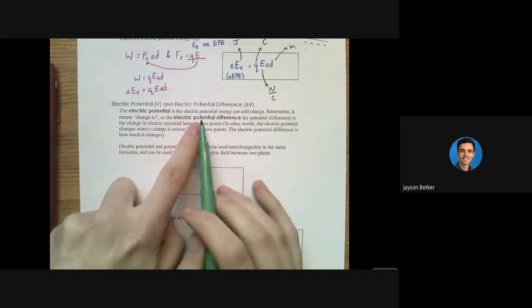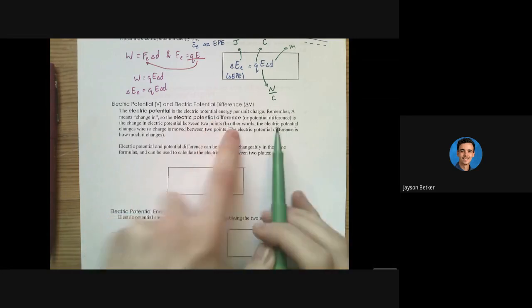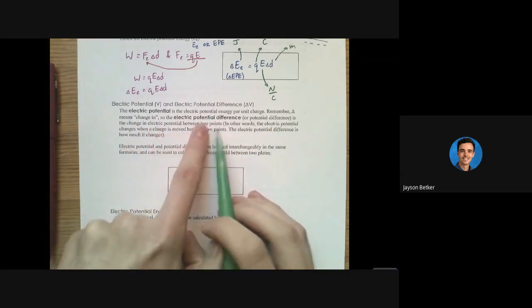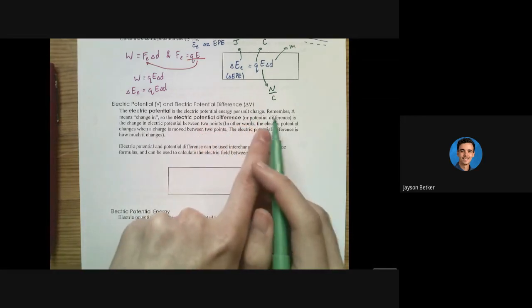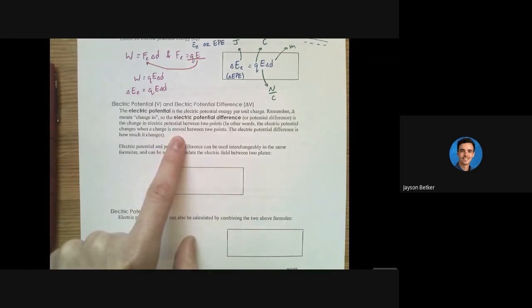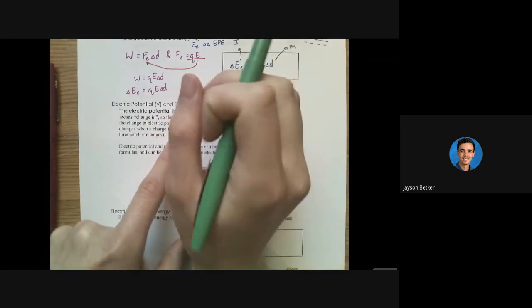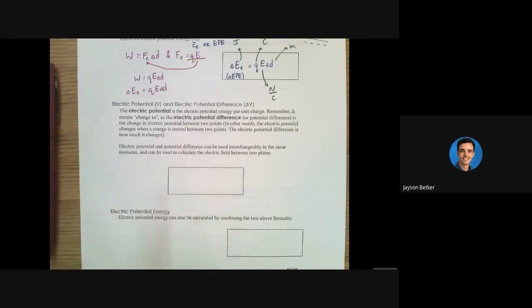So the electric potential difference, or the potential difference, is the change in the electric potential between 2 points. In other words, the electric potential changes when a charge is moved between 2 points, right? If I move it closer to that parallel plate that is positive, it's going to have more electric potential stored within it because it's going to want to move even more. So the electric potential difference is how much it changes.